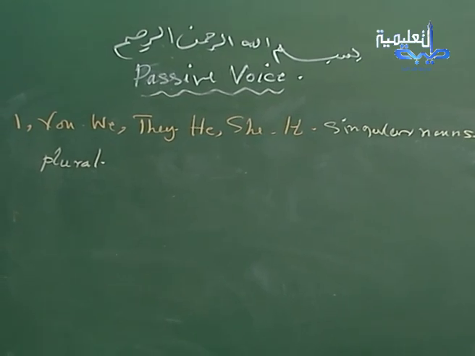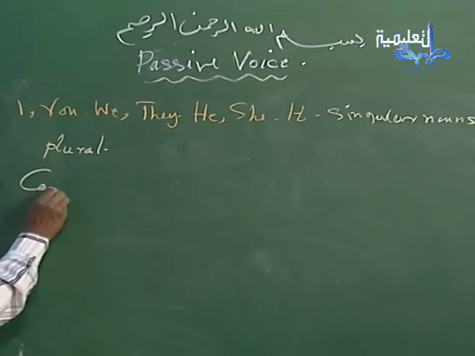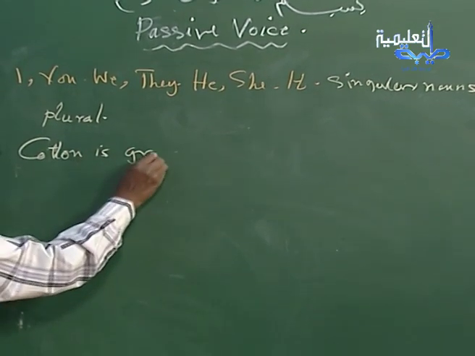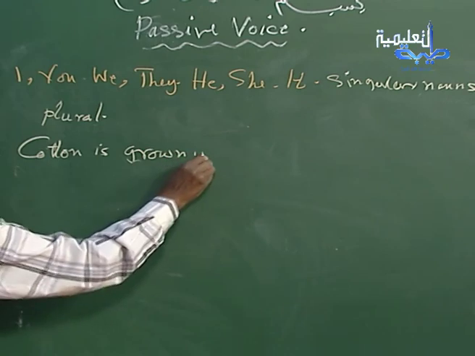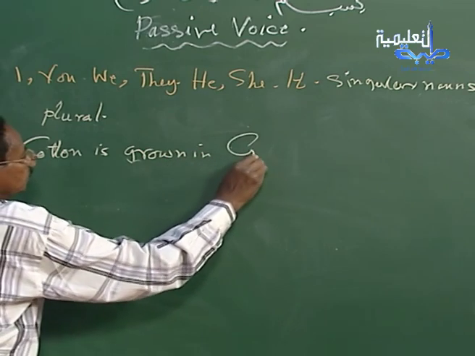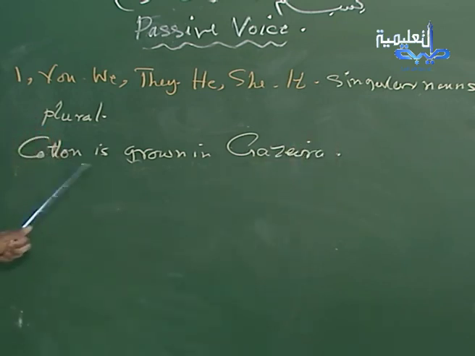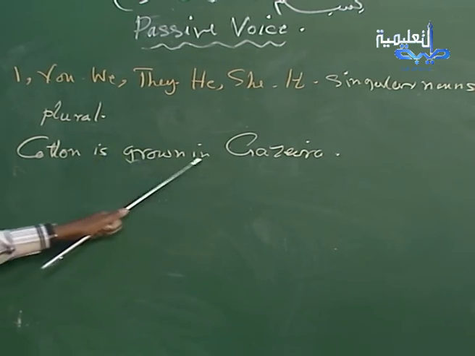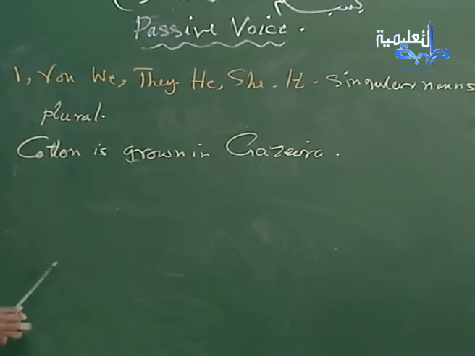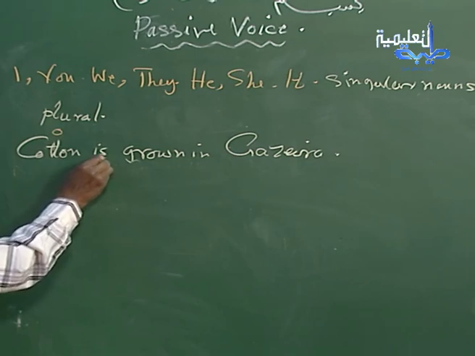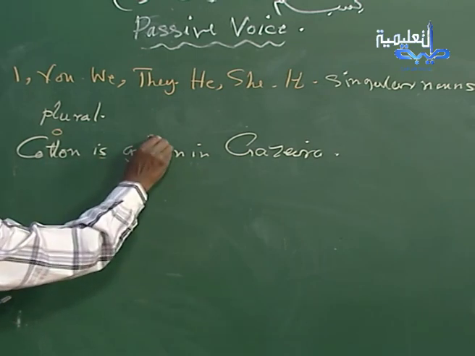For example, cotton is grown in the Jazeera. You see, cotton is the object. Grown is the past participle.